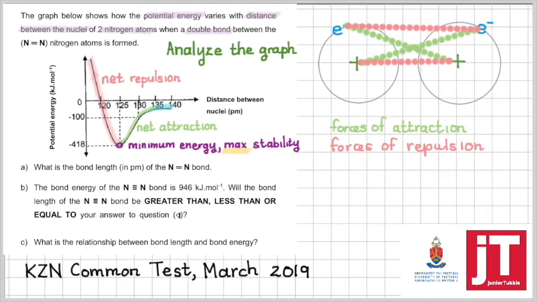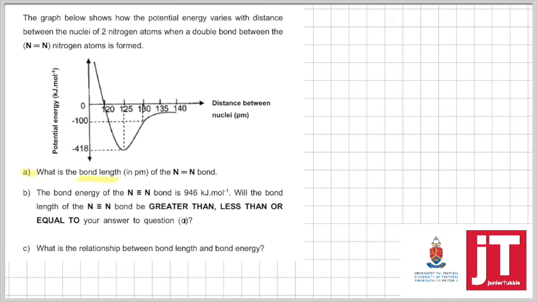We can now answer question A to question B. Question A says, what is the bond length in picometers of the nitrogen double bond? In order to answer this question, we need to remember what bond length is. Bond length is the average distance between the nuclei of two bonded atoms.